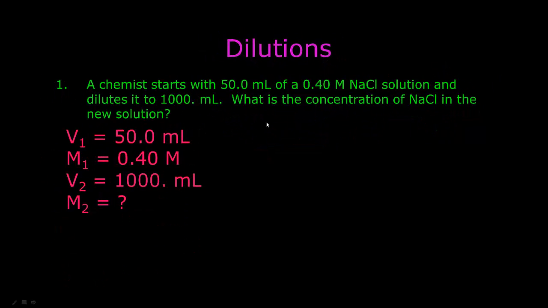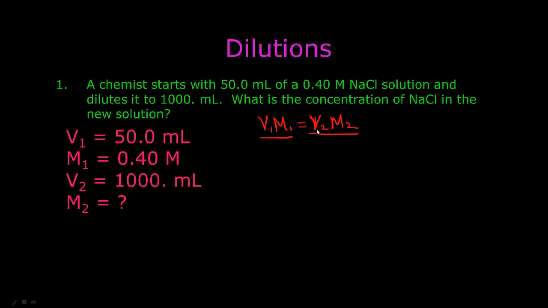We know that our formula is V1 times M1 is equal to V2 times M2. I'm going to rearrange my formula to look like M2 equals, which means since V2 and M2 are multiplied together, I need to do the opposite, which is divide.